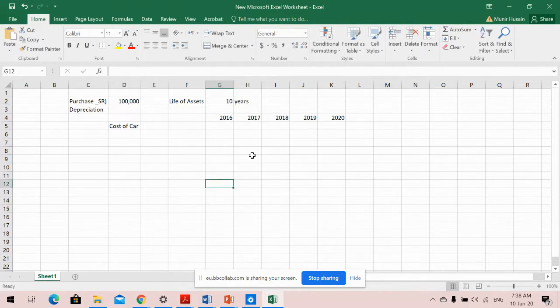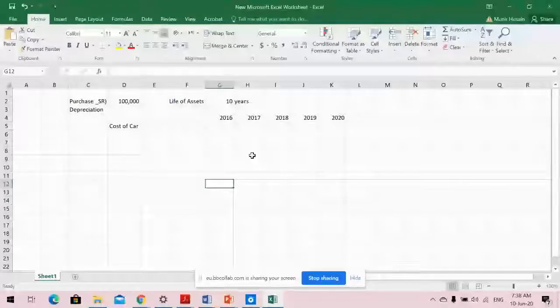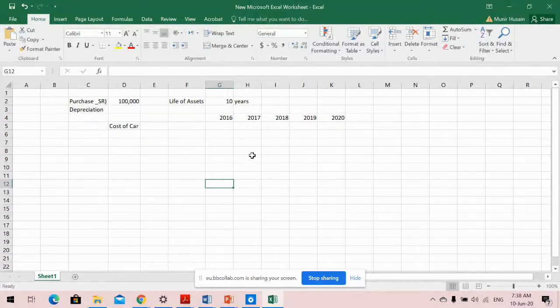After 10 years, we say that it will have a zero value. We assume this just to make it simple. Of course, we can sell it and get something, we'll discuss that later on. But here we assume that after 10 years it will have a zero value.